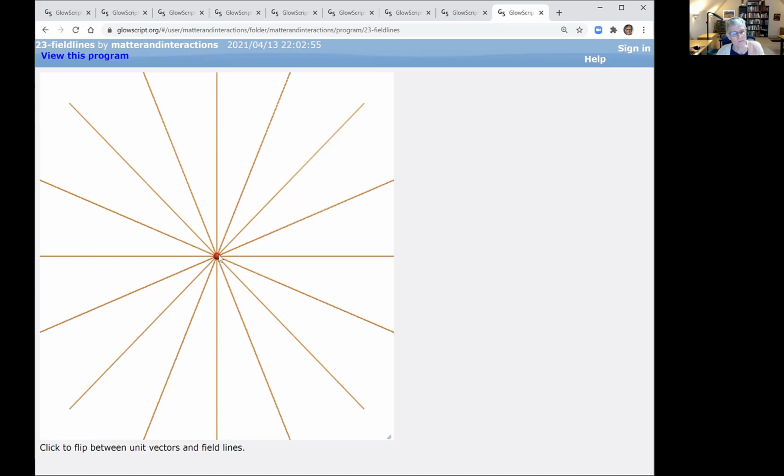So we just need to know that this is a positive charge, and so the field's pointing away. But that's basically what a field line is. You're just connecting all these unit vectors that show the direction of E at a whole bunch of locations, but not the magnitude. So that's all there is to field lines.